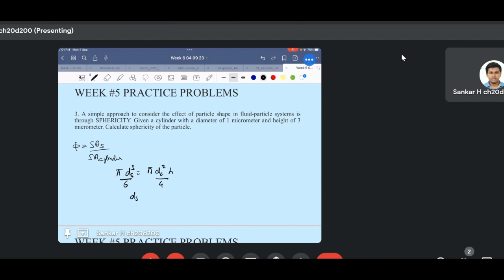Therefore, we'll get ds as the cube root of, the cylinder has a diameter of 1 micron and a height of 3 micron, so 1 into 10 raised to minus 6 square times 3 into 10 raised to minus 6 divided by 4 times 6. And the diameter of the sphere I have found out to be around 1.651 into 10 raised to minus 6 meter.